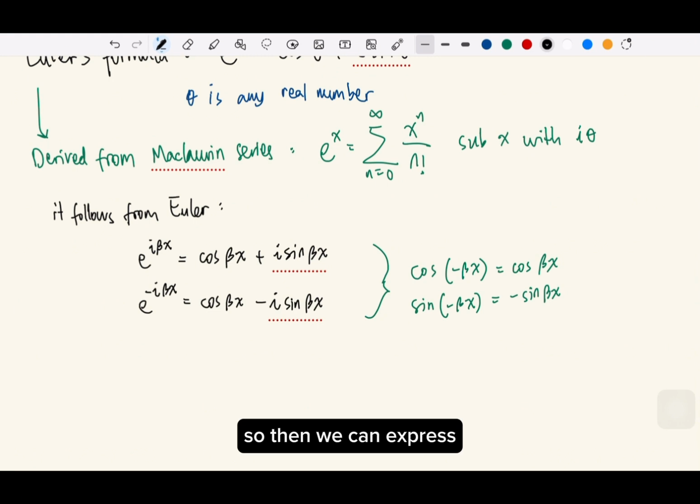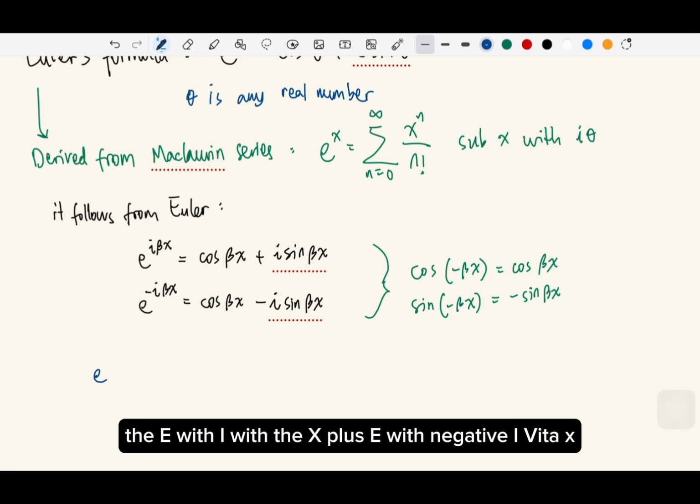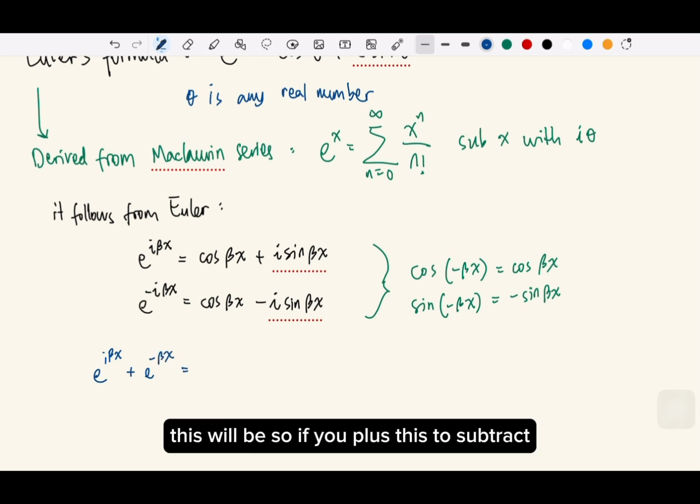So then we can express e to the i beta x plus e to the negative i beta x. If we add these two, the sine terms cancel, so we have 2 cosine beta x, right?